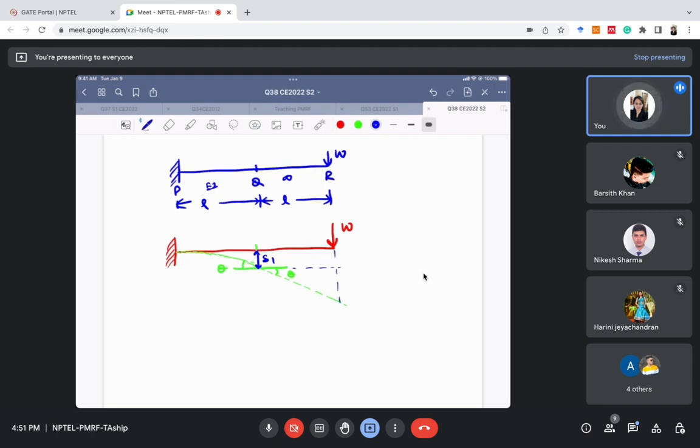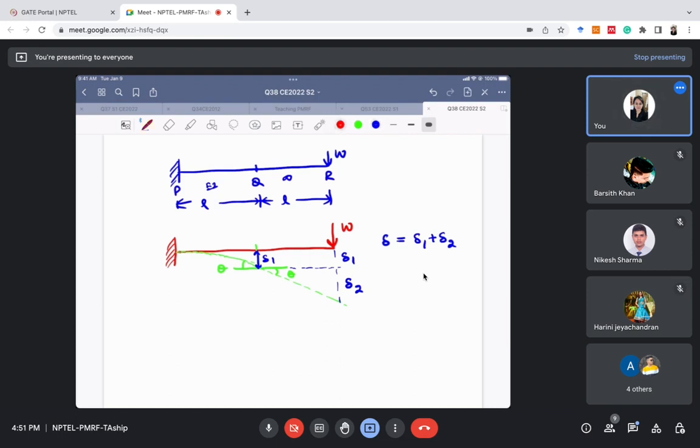Since we have drawn a straight line, this will also be delta 1. And this is delta 2. So the final deflection at end R will be delta 1 plus delta 2. I hope you'll agree with me till now. So what are delta 1 and delta 2, and how do we calculate their values? Let's see.